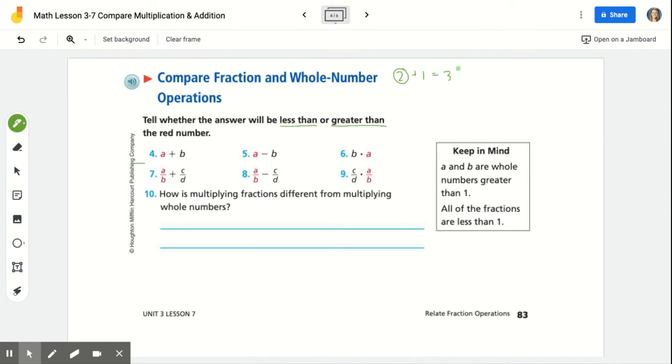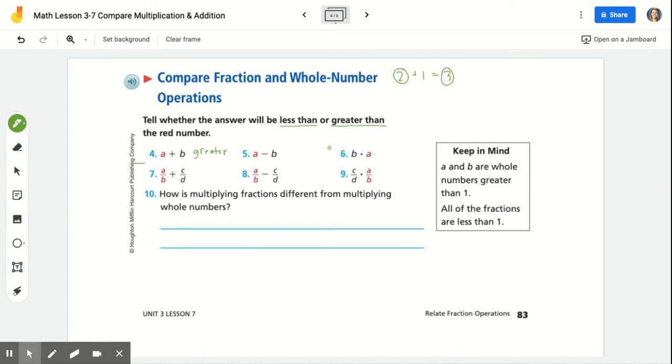It is definitely greater. 3 is bigger than 2. So we know then, following this rule, A plus B, we're always going to get an answer that's greater than, let's go ahead and write in greater. Our answer will always be greater than each of these numbers. So there was no way for me to get an answer like 1, for example, for this problem. Greater. So go ahead and write that word greater next to number 4.